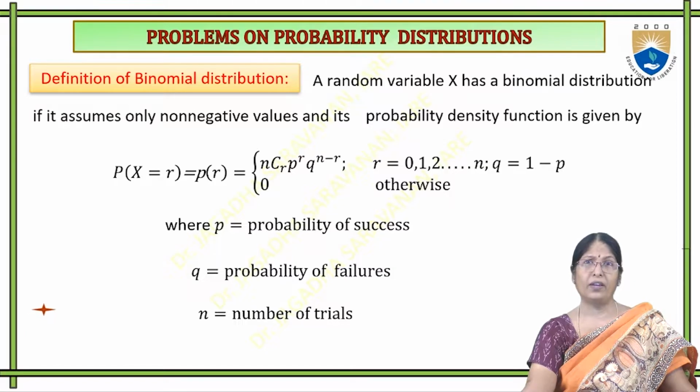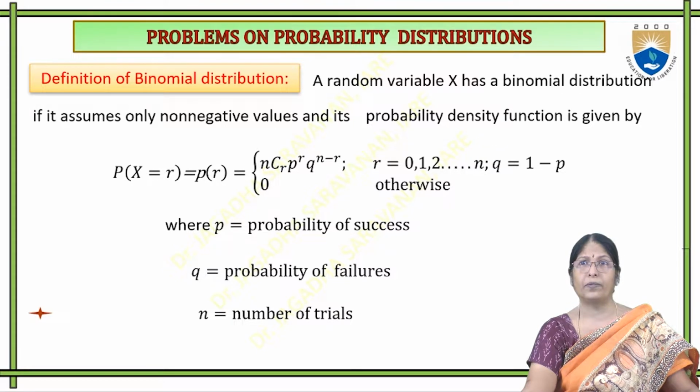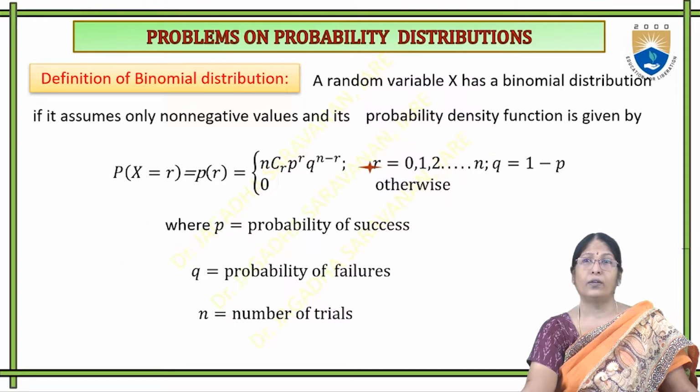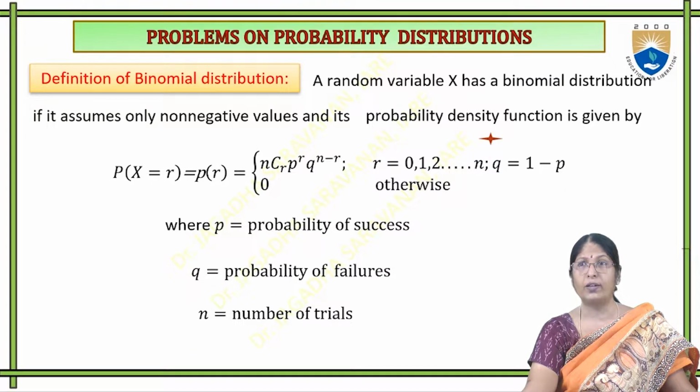We have to be very careful about the formula, nCr p^r q^(n-r), where r takes values from 0 to n. The probability of success plus the probability of failure, that is the total probability, is 1, from which we obtain Q equal to 1 minus P.